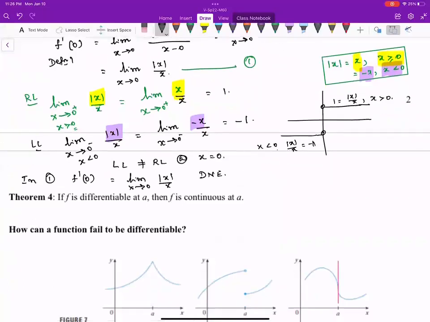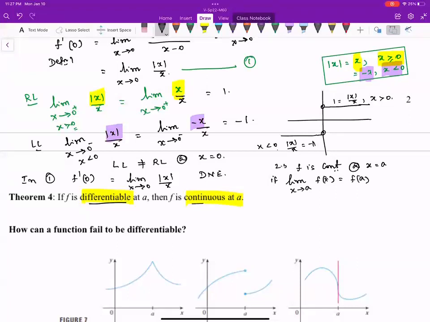Next theorem: if f is differentiable at a, then it is continuous at a. Whenever we have to prove that f is continuous at a, we need the limit as x approaches a of f of x equal to f of a, right?